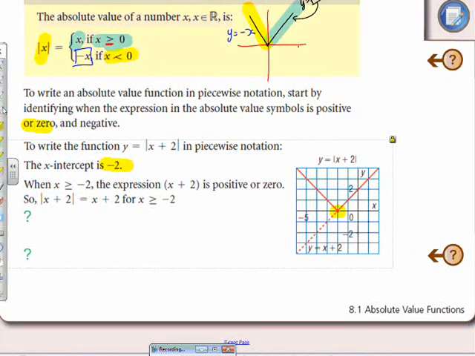Okay. So we're going to talk about this section now. The original line would have gone up positive, so that's when x is greater than or equal to negative 2. That gave us the positive. So we're going to keep it as the positive.